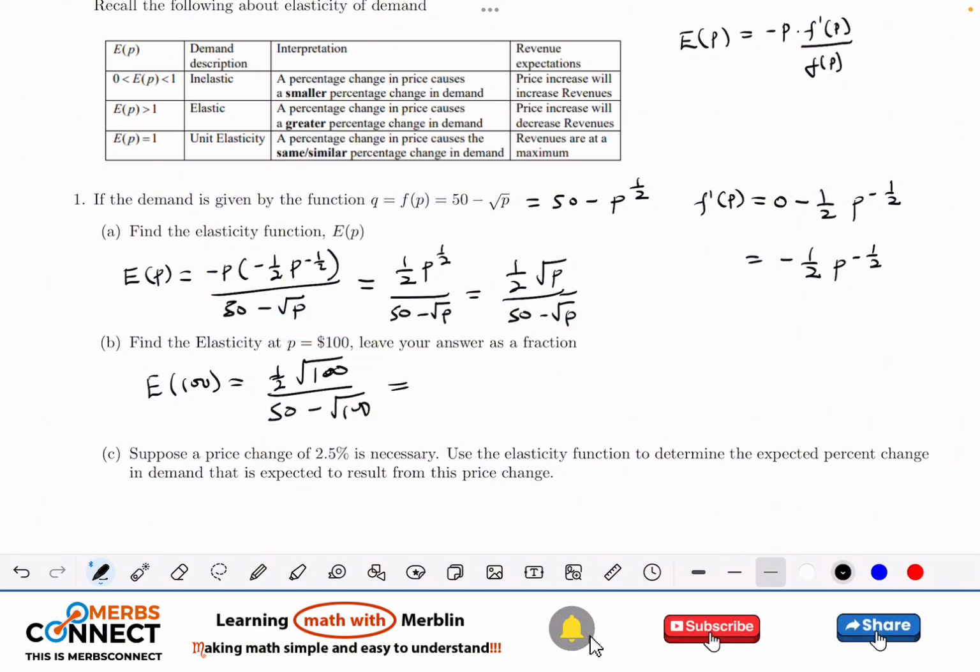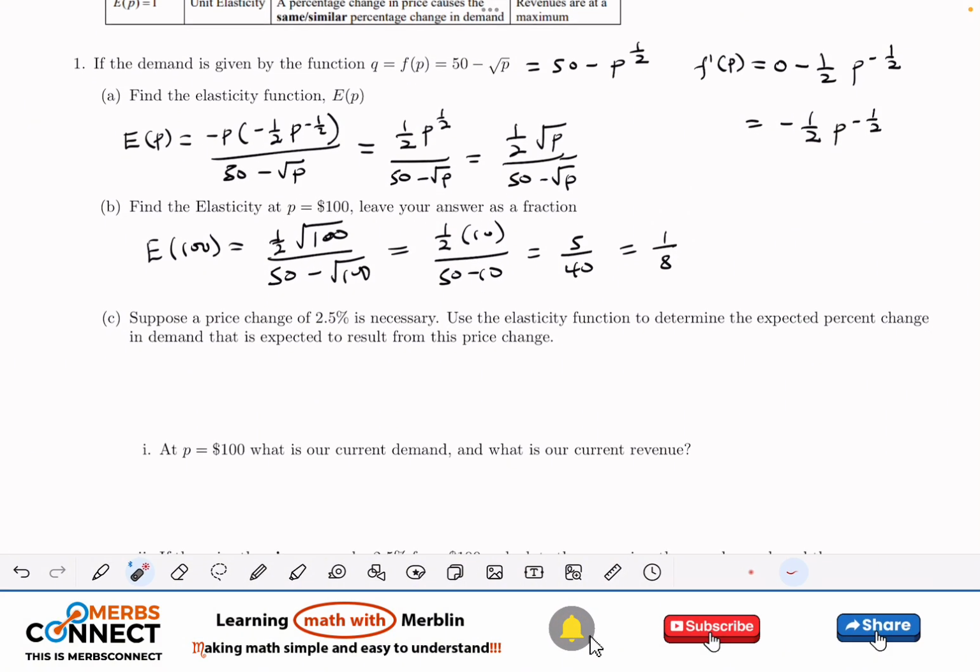Root of 100 is 10. So I'm going to have 10 over 2, divided by 50 minus 10. And 10 over 2 will be 5. And then this one is going to be 40. 5 goes into itself 1 and into 40, 8. So that is what I'm going to get for this one too.